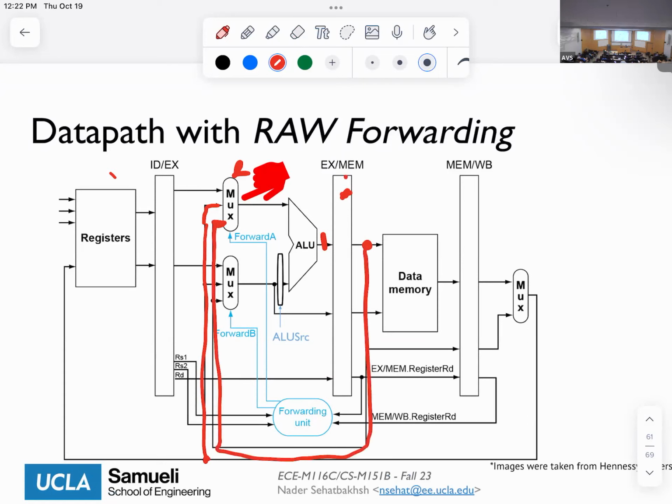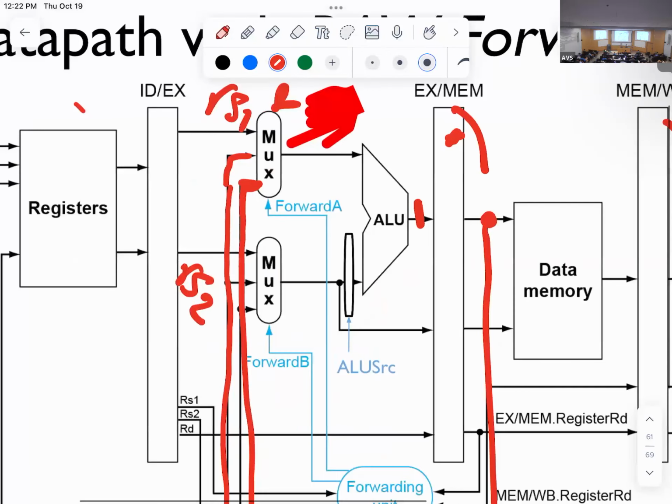This is the beginning of this register and this is the beginning of this register. The same story goes for RS1 and RS2. We are adding this additional multiplexer that gets this control signal, forward A or forward B.